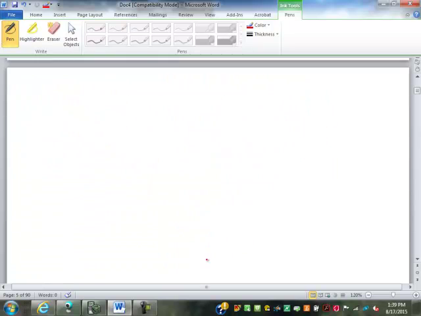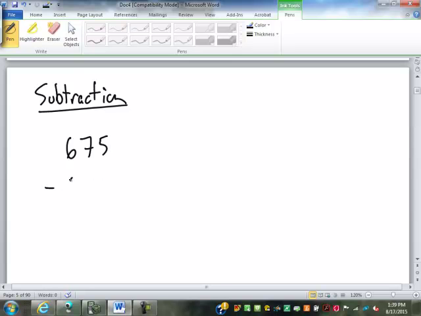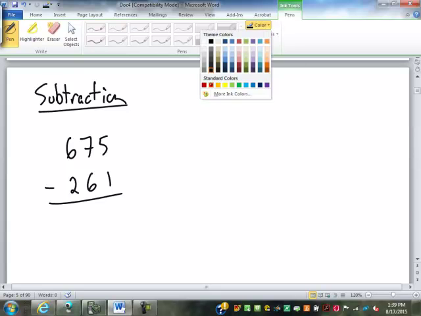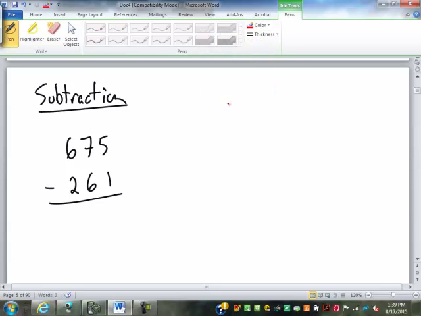So let's look at subtraction. Let's look at something like 675 minus 261. Now, I am not going to write these out in the long form of 600s and 70s and 5s.